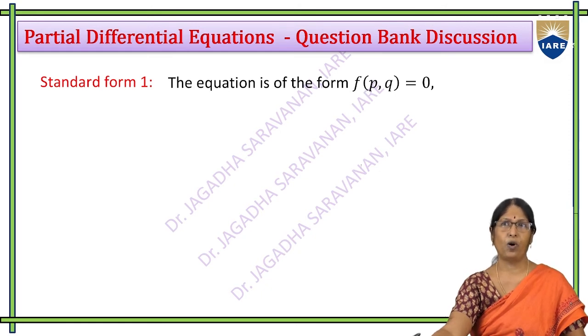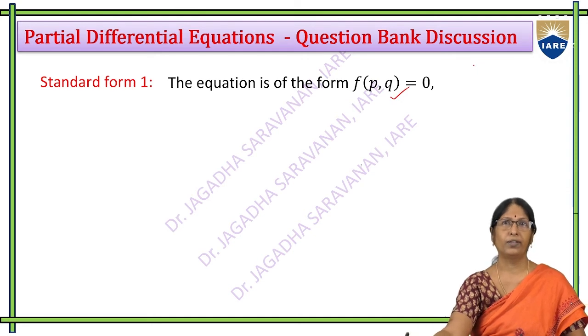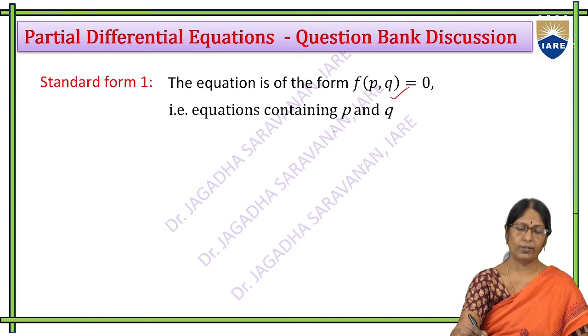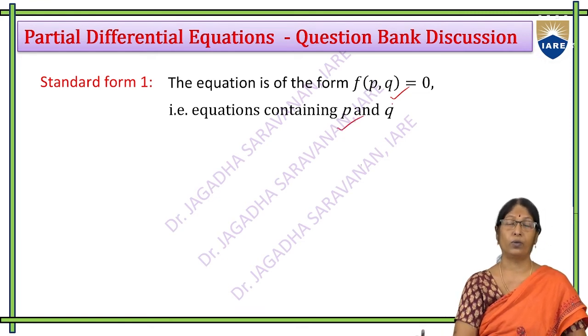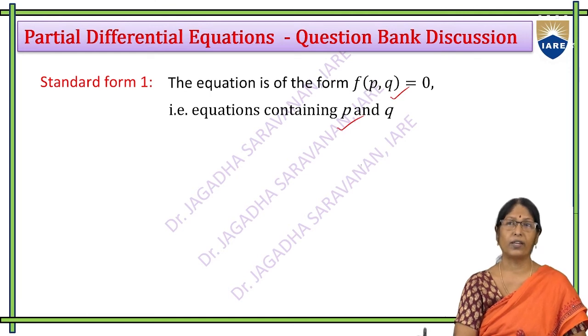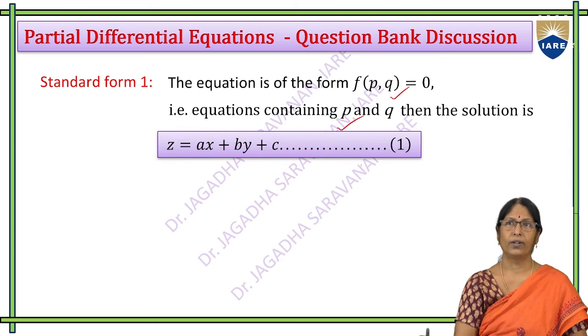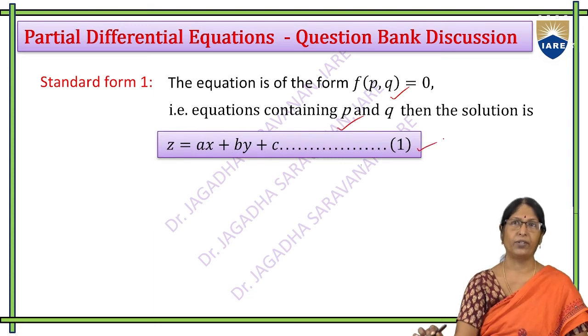The first form, if it has only p and q, comes under standard form 1. The equations contain only p and q. Then the solution is this formula.